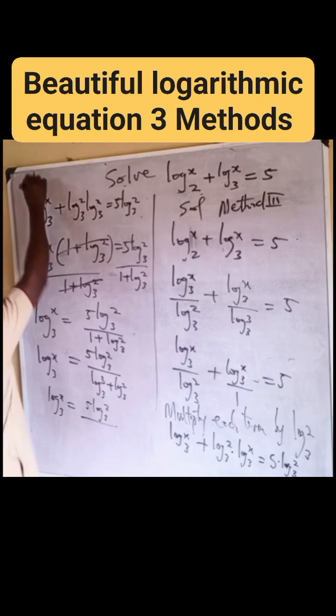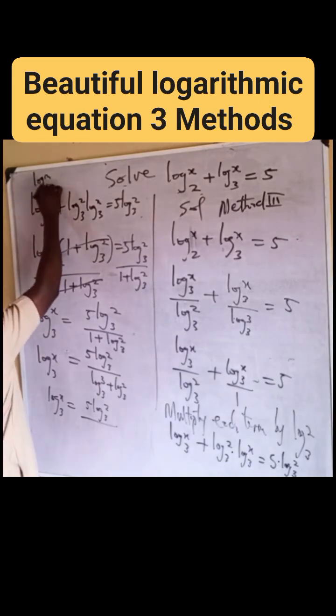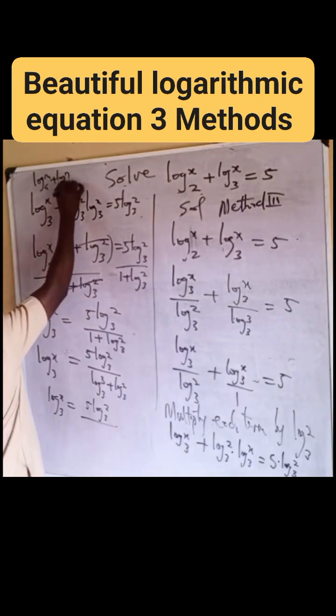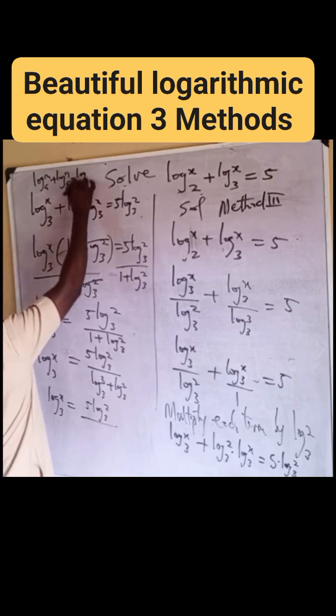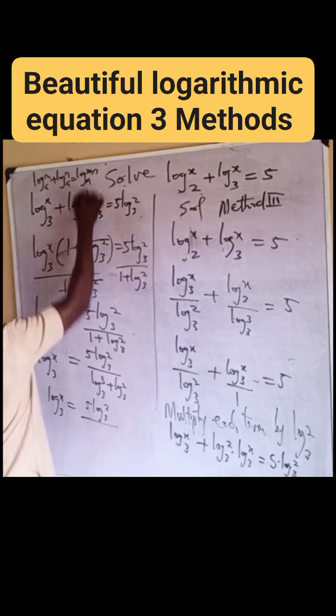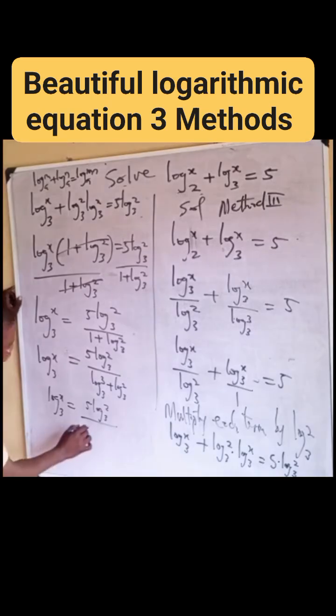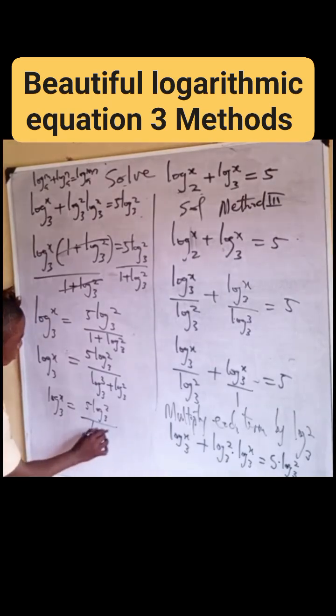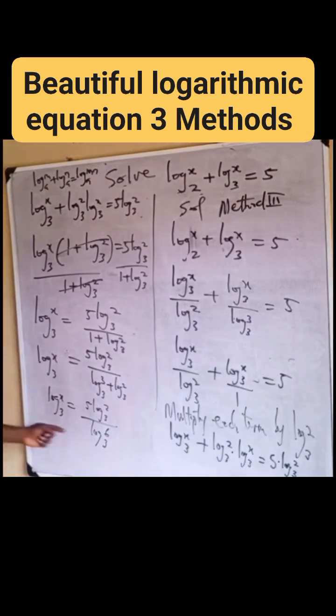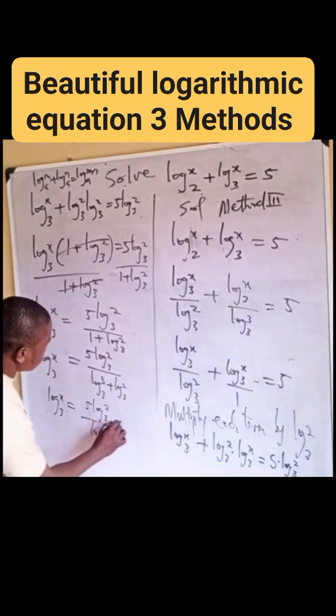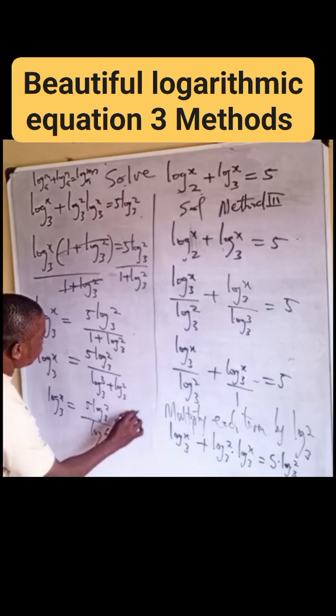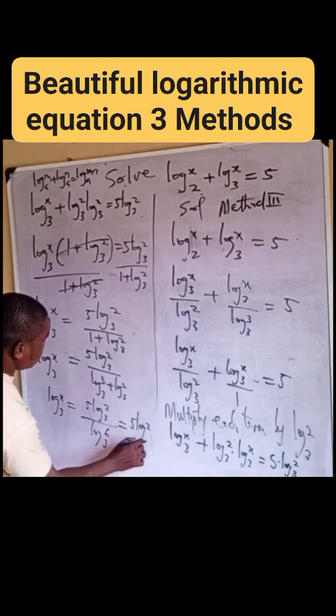The multiplication law says if you have log m base a plus log n base a equals log mn base a. So that gives us log 6 base 3. And this one and this, they have the same base. So it's equivalent to 5 log 2 base 6.